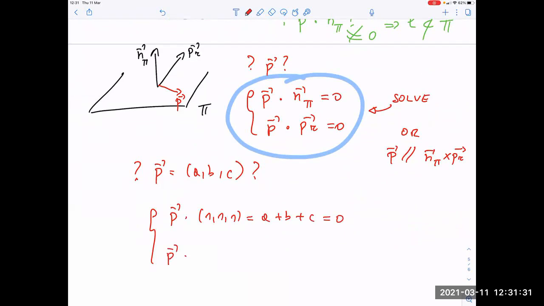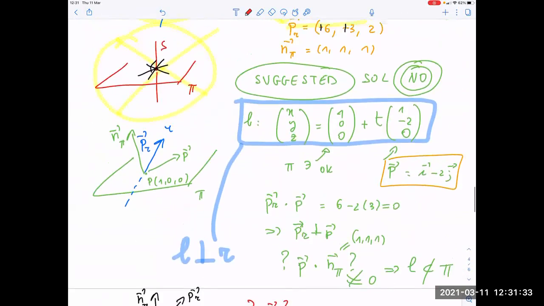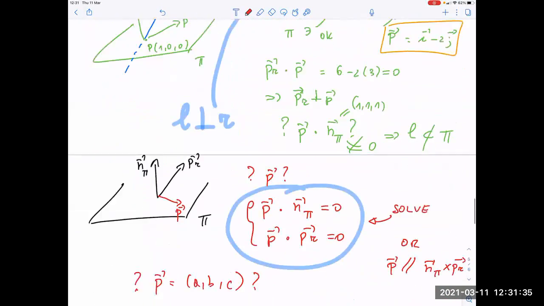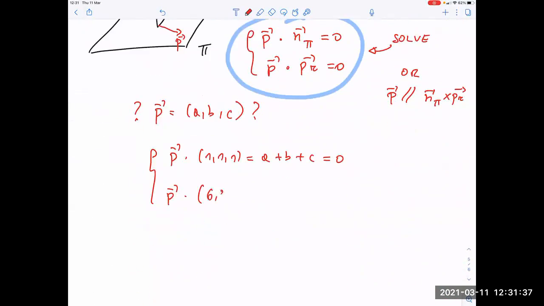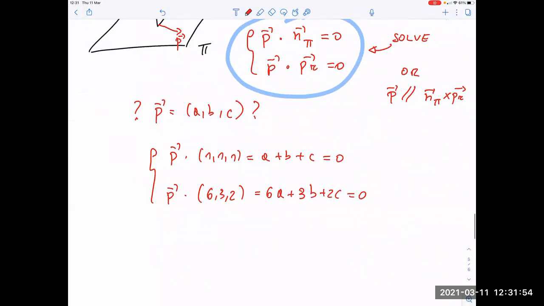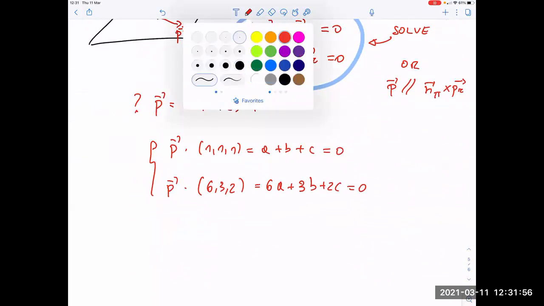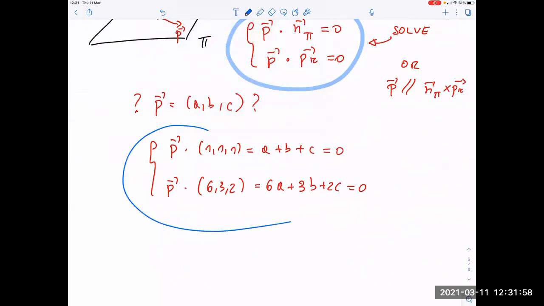And P dot 6, 3, 2, which is 6A plus 3B plus 2C equals 0. Ah, sorry, that was quick and wrong. Okay, and so now we have to solve this system of equations.